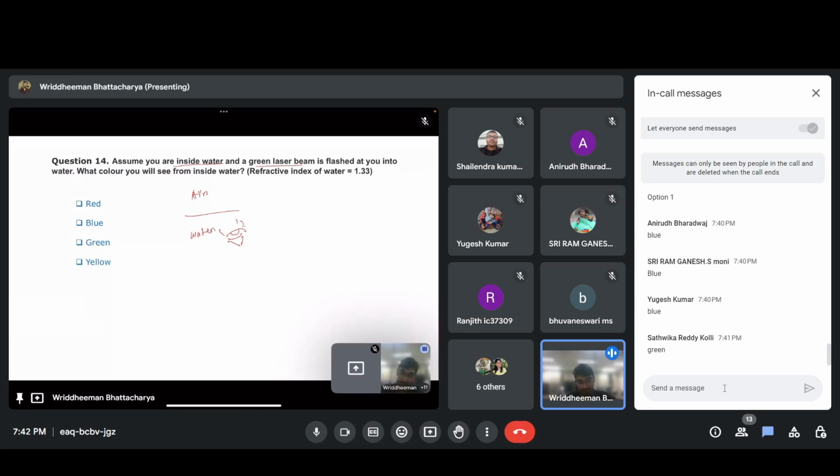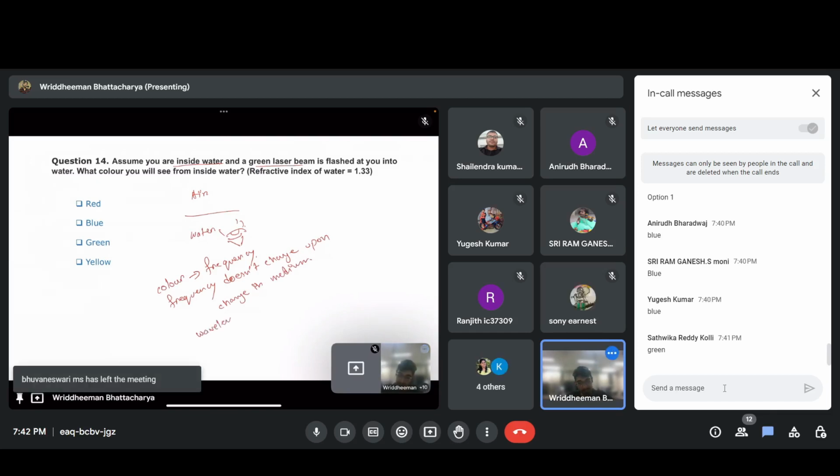As we all know, the color is mainly dependent upon frequency, and the frequency doesn't change upon change in medium, whereas the wavelength changes. So the wavelength changes, but here we are seeing the color. As the color is remaining unchanged, green will be the correct one.